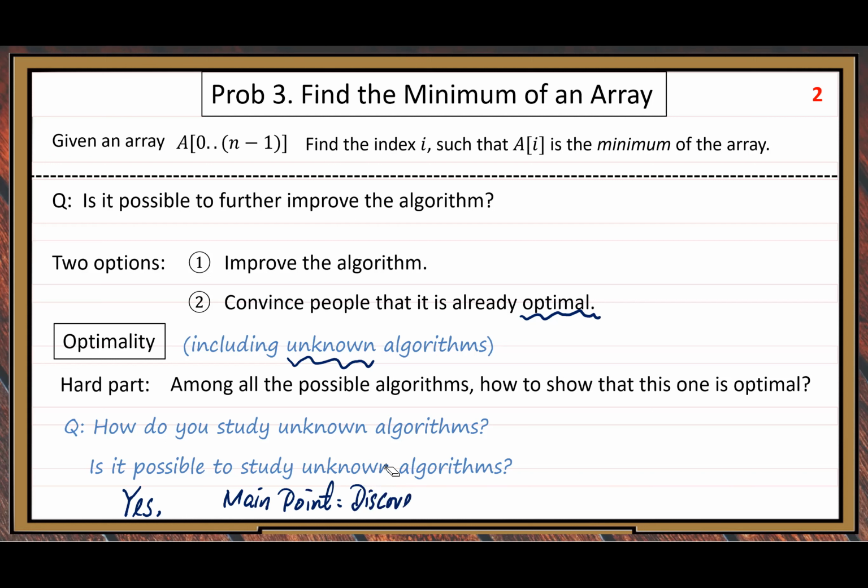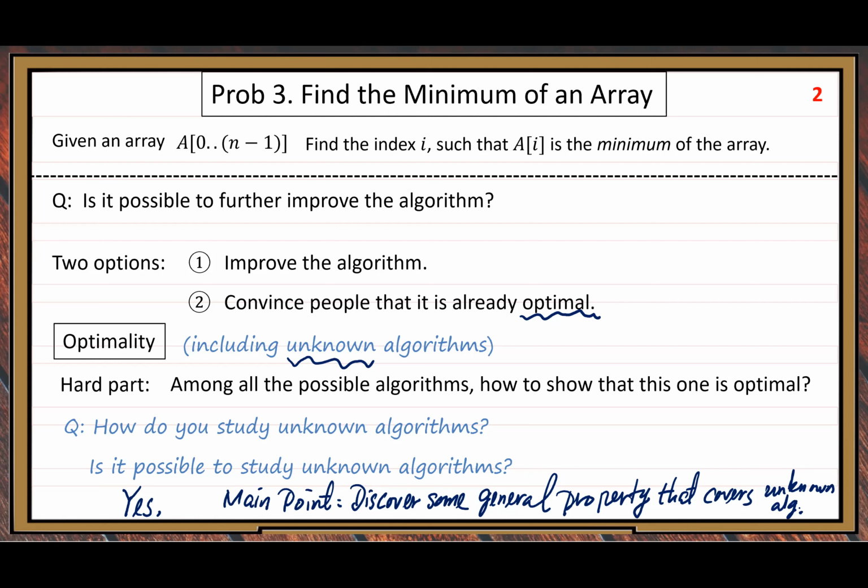Discover some general property that covers unknown algorithms.